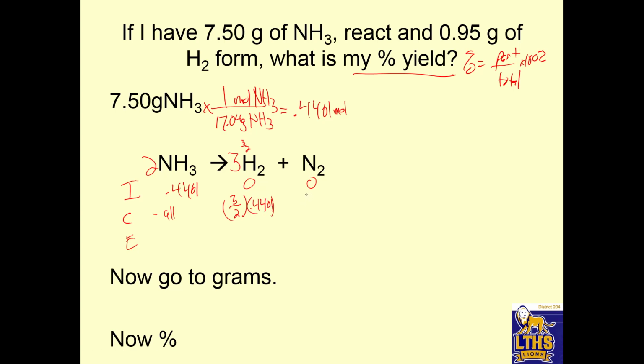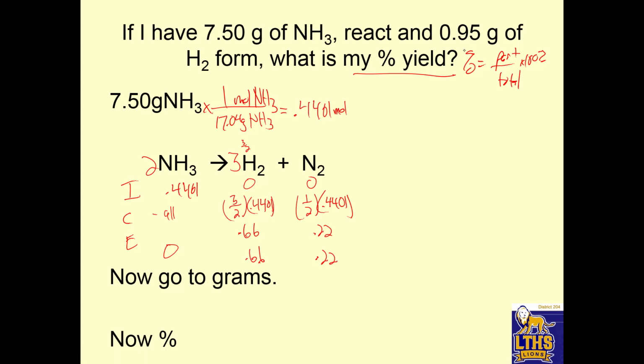And this one is going to be 1 over 2 times 0.4401. So my real answer here is going to be 0.66. And my real answer here is going to be 0.22. Okay, and that's going to be the answer in the end. In the end, I'm going to have 0, 0 plus 0.66, 0 plus 0.22.